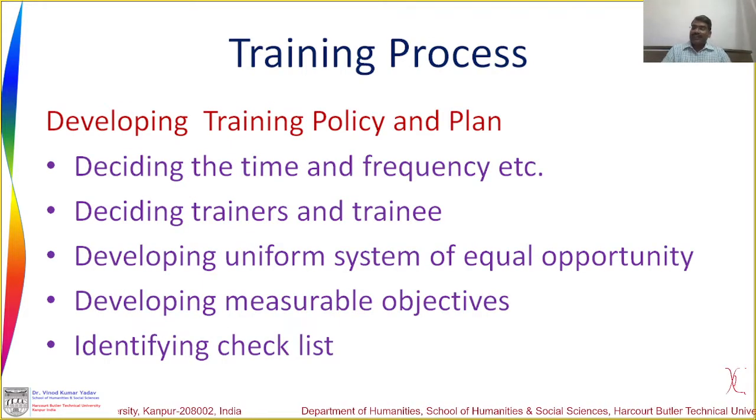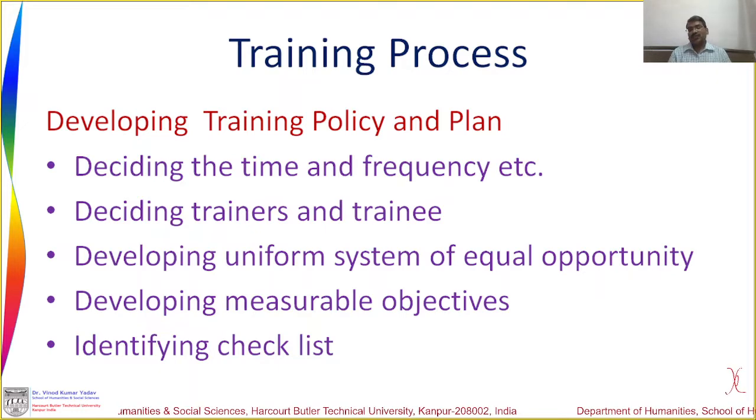Developing training policy and plan. Now altogether, the company must have some policy in place, but keeping in view the training objectives, whether proactive or reactive or regular, you need to look at how much time, at what time, and the frequency of training.